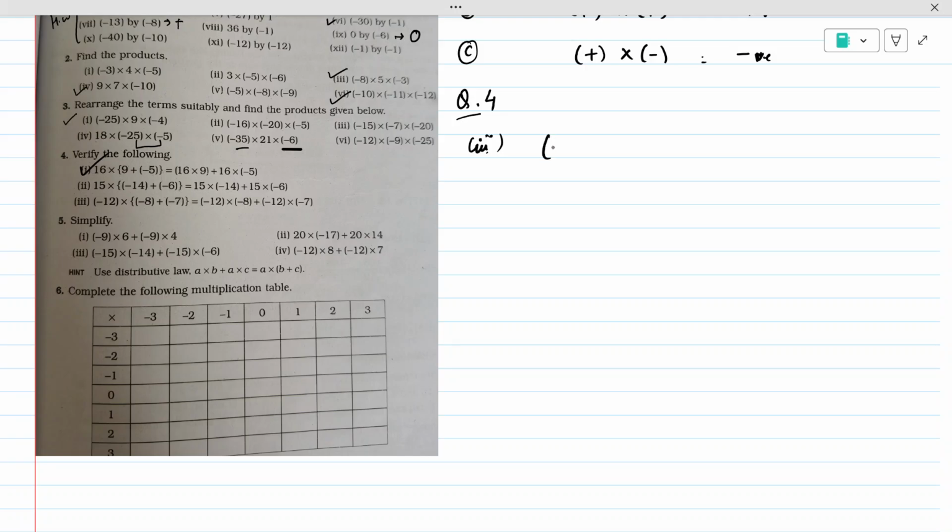We have minus 12 multiply with, inside the bracket we have minus 8, bracket close, plus minus 7, bracket close.